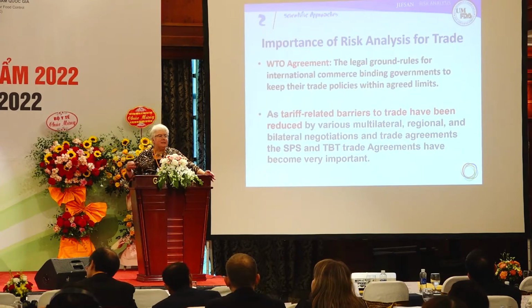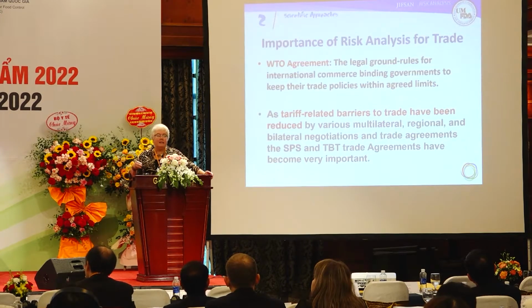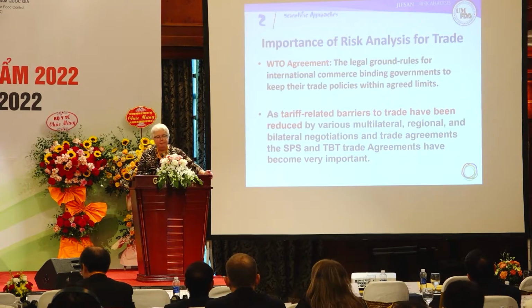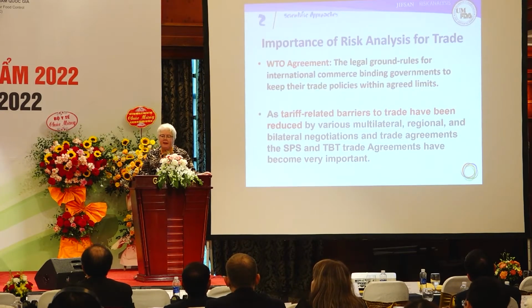That agreement basically was the legal grounds of international commerce, binding governments to keep their policies within certain agreed limits. And it became really important back in the mid-1990s when we started having a reduction in the tariffs related to barriers of trade, which limited the amount of trade that was occurring.